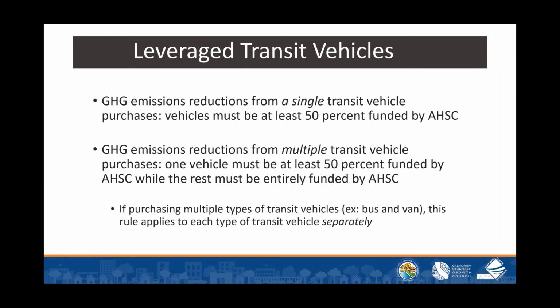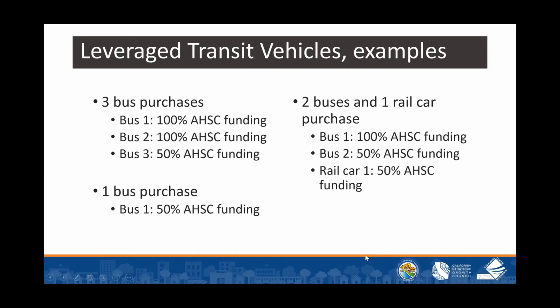If a project is proposing multiple modes of transit vehicle purchases, for example, a bus and a van, or a van and a light rail vehicle, or any other mixture, this rule applies to each of those transit vehicle types separately. So here I'll just show a couple examples of how this would be implemented.